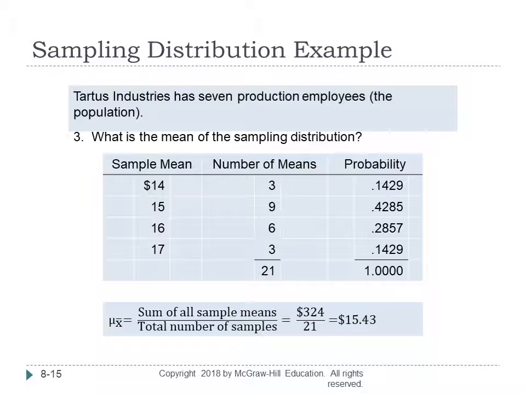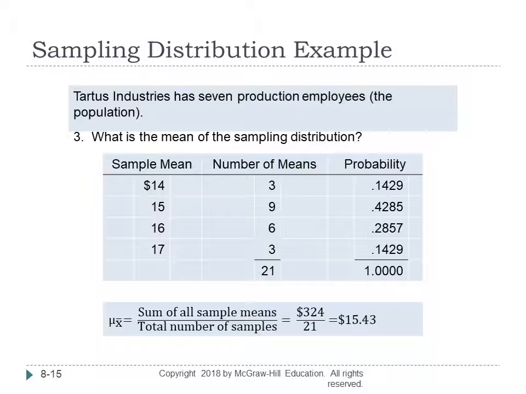Finally, for sample mean equal to 17, there are 3 samples that have that mean, for a frequency equal to 0.1429. Of course, the sum of the probabilities, as you would expect, is equal to 1. And the number of sample means, there are 21 sample means.